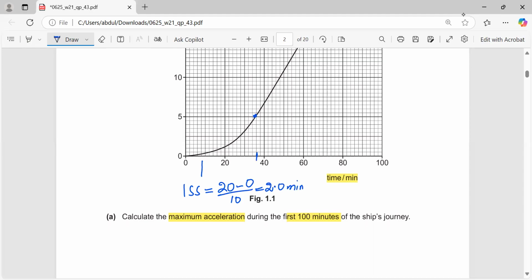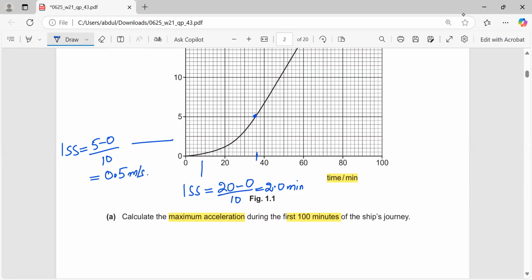Similarly, one small square along the y-axis is equal to 5 minus 0, the difference of the numerical values consecutively marked on the y-axis, over the number of divisions, which is 10. So each small square is equal to 0.5 meters per second. Always find this resolution of the graph on the x-axis as well as on the y-axis. You can also call it least count.